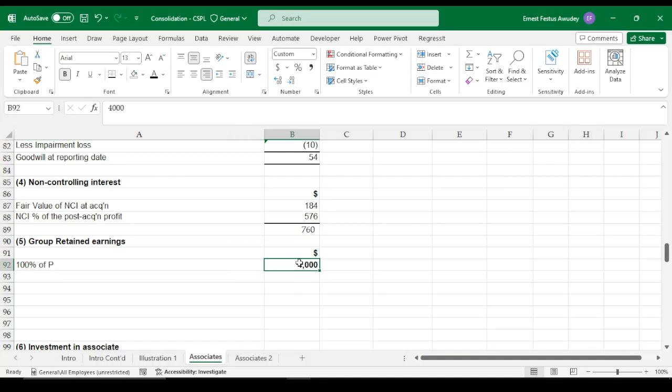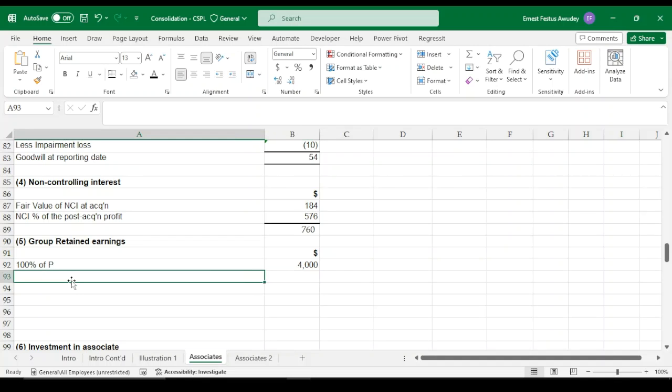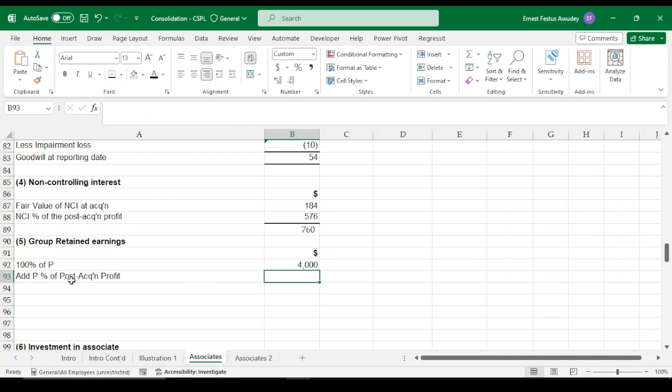So we start off with 100% of P, which is 4,000, and then we are going to add P's percent of the post acquisition profit. You also hear terms like post acquisition reserve or post acquisition retained earnings. They are all referring to the same thing.